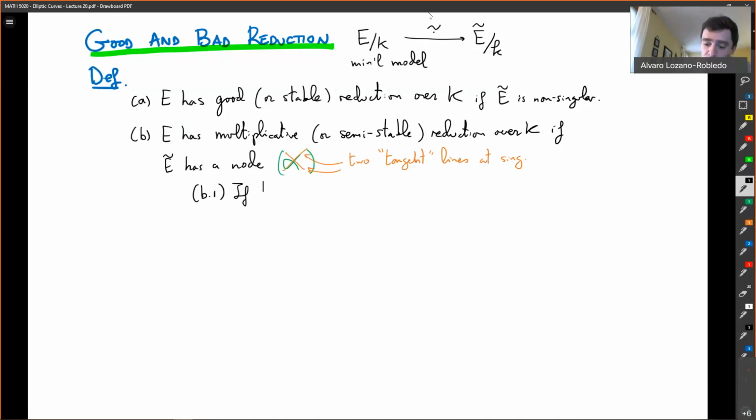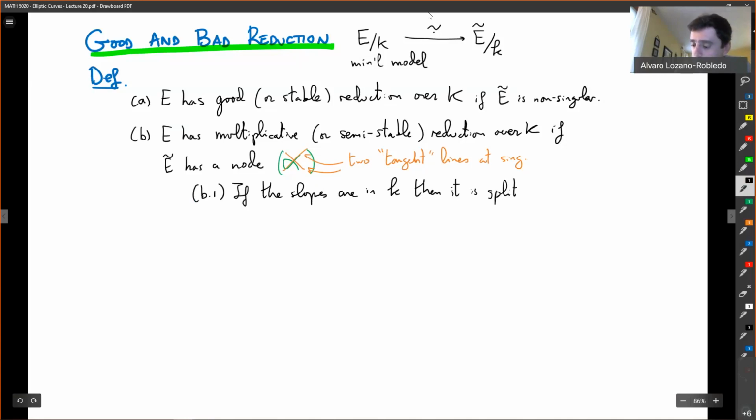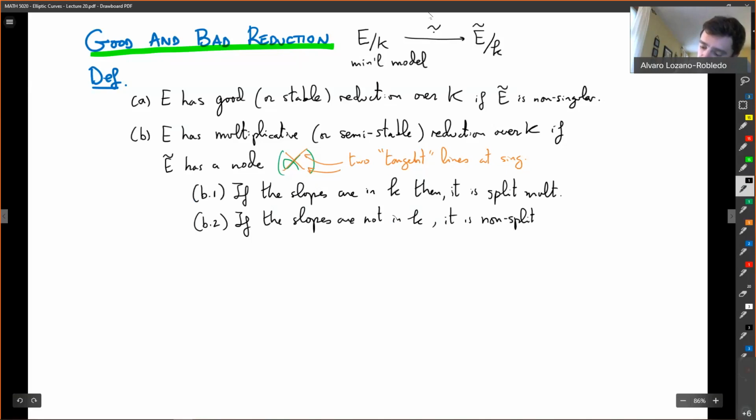If the two slopes are in little k, then we say that it is split multiplicative. And if the slopes are not in k, then it is non-split multiplicative reduction.